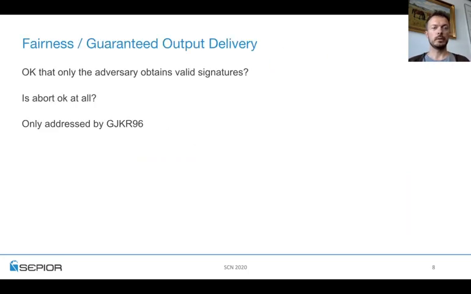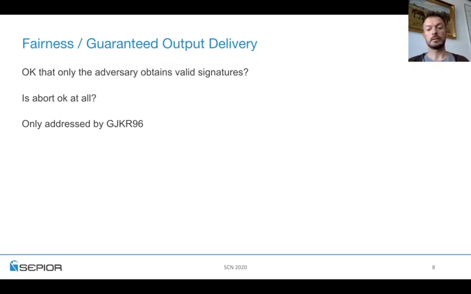A final thing is the question about fairness and guaranteed output delivery. Even if we could add Identifiable Abort to the existing solutions for dishonest majority, we could ask, is it really okay that the computation might abort? In that case, it might be that only the adversary got the signature and none of the honest parties got it.